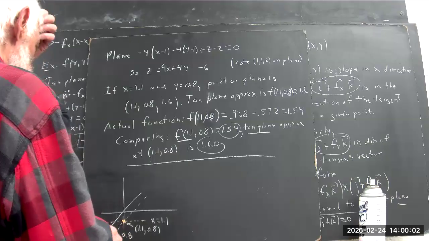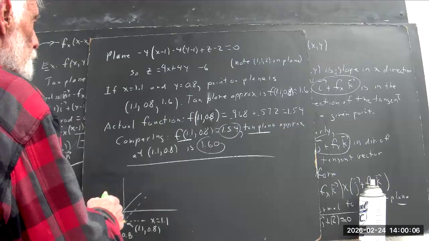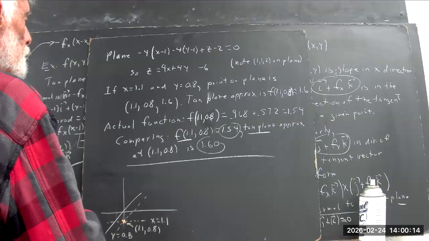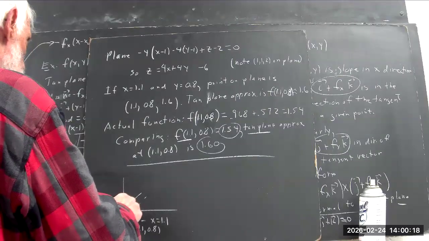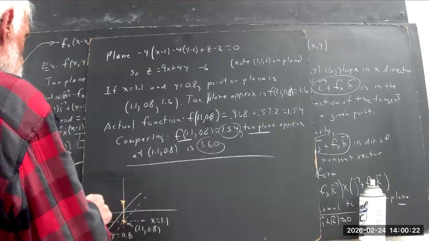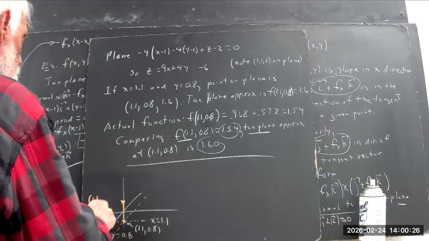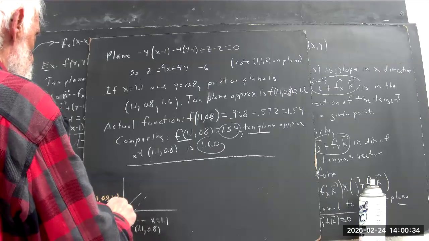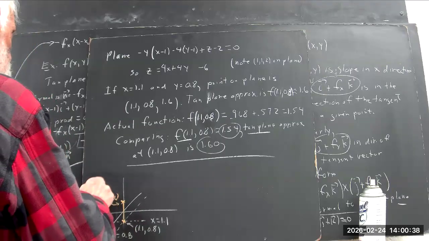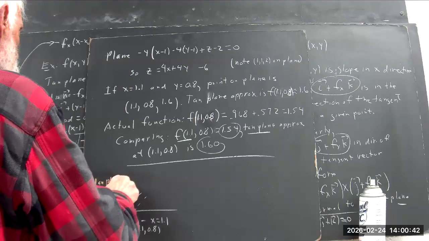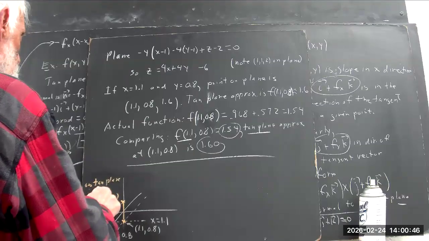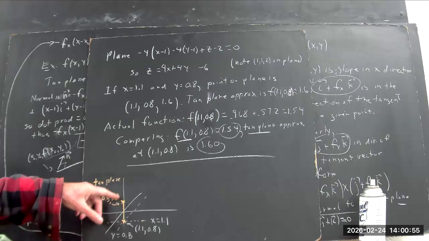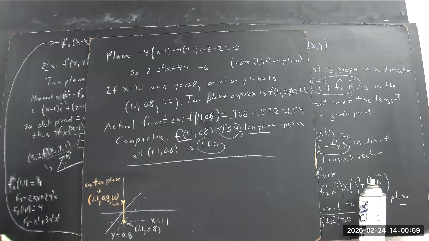On the tangent plane, you get 1.1, 0.8, 1.6, which lies 1.6 units above the point 1.1, 0.8 in the XY plane.